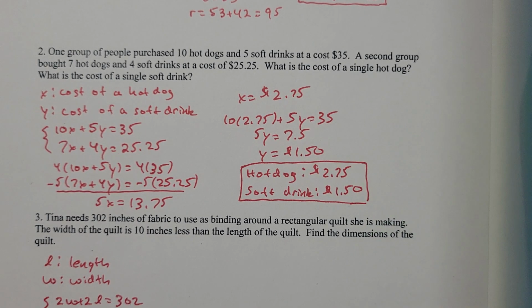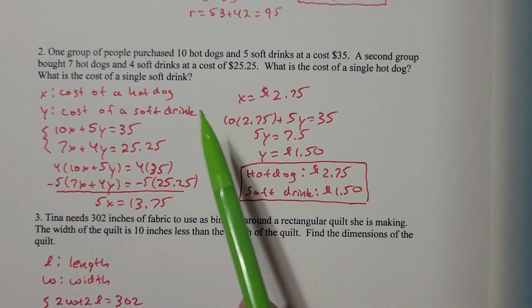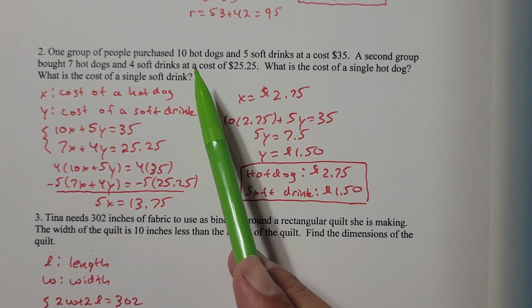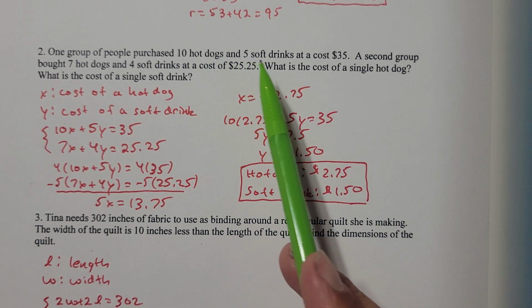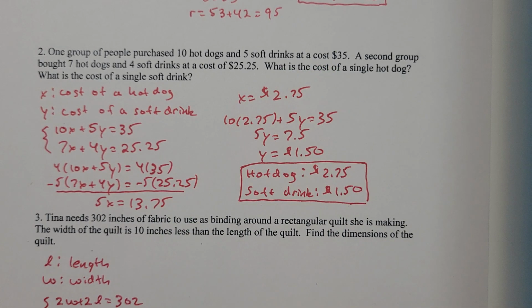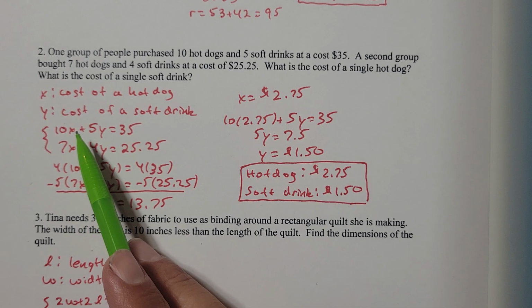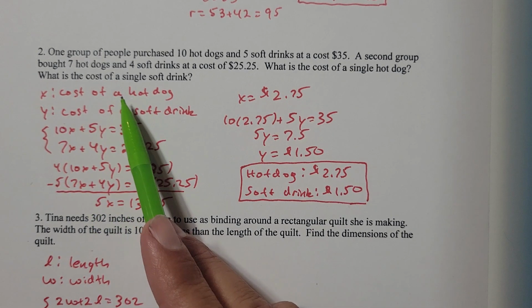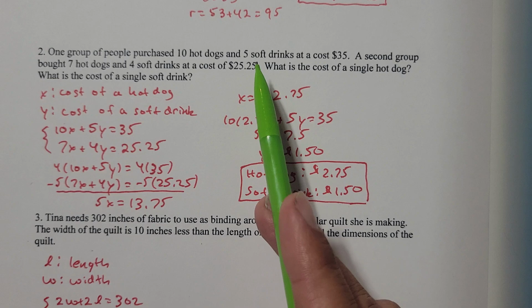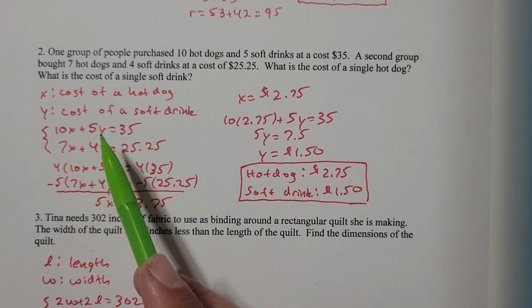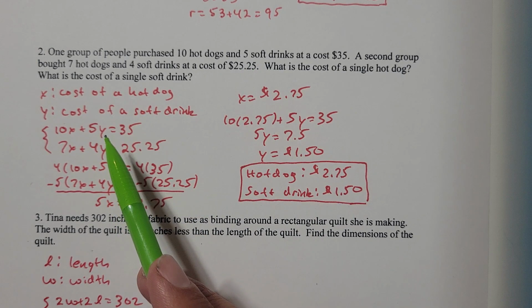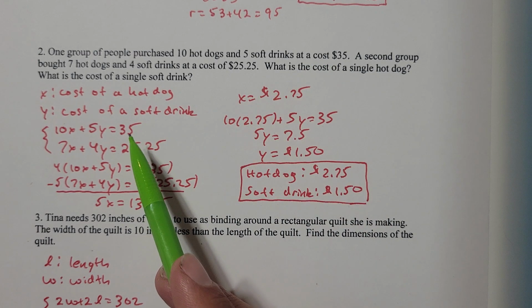Now the two equations are going to be representing these two groups. The first group bought 10 hot dogs and 5 soft drinks and paid $35. So they bought 10 hot dogs at a cost of X dollars per hot dog, and then bought 5 soft drinks at a cost of Y dollars per soft drink. And they paid $35 total.